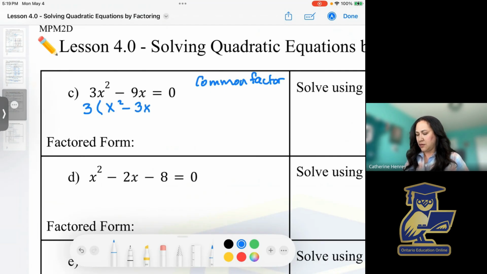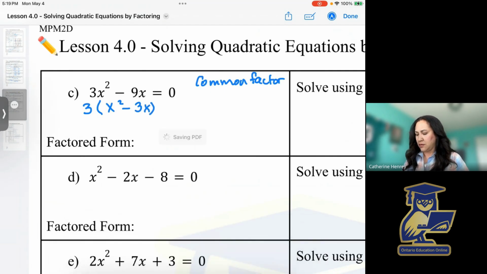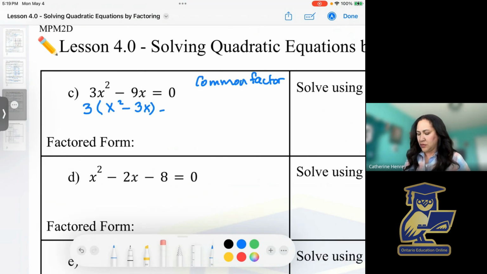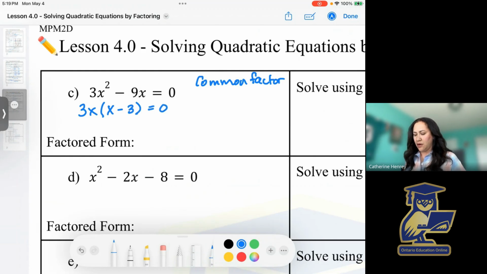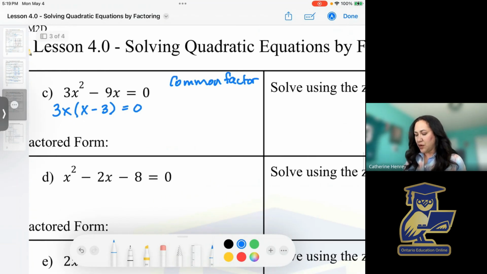Common factor this. We can take a 3 and an x from each term. So I'll have x minus 3 left over. So our factored form is 3x times x minus 3. And then we have the factors 3x and x minus 3.